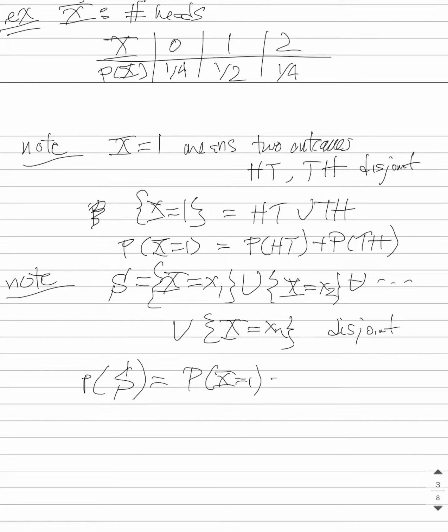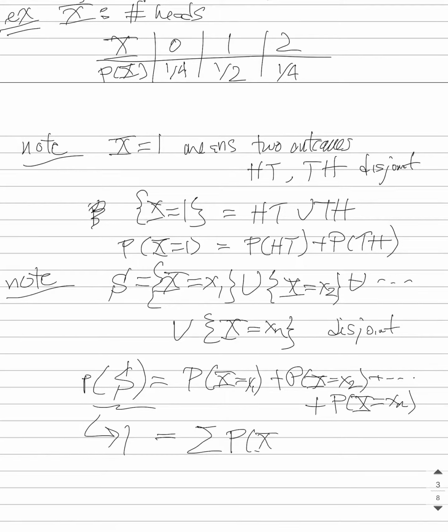And what you'd come up with is a really important result. You would get that the sum of all of these individual probabilities, where i goes from 1 to n, they all have to add up to 1. So the bottom row of this table, all these probabilities need to sum up to 1.